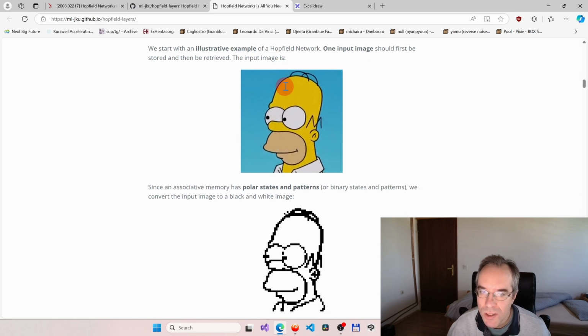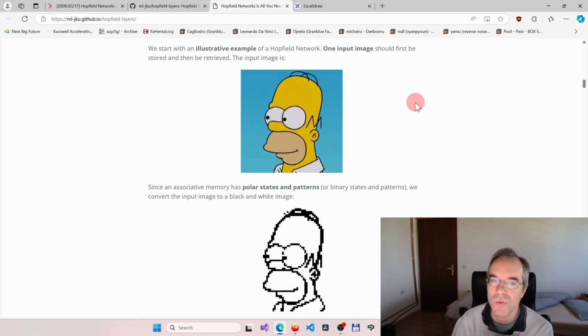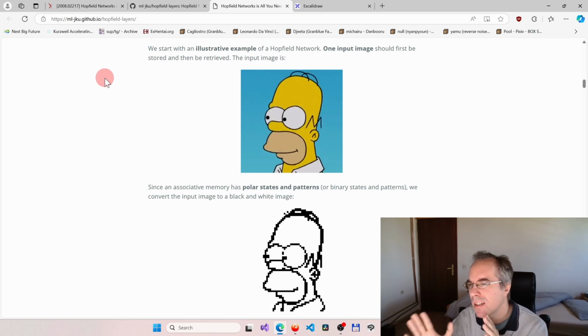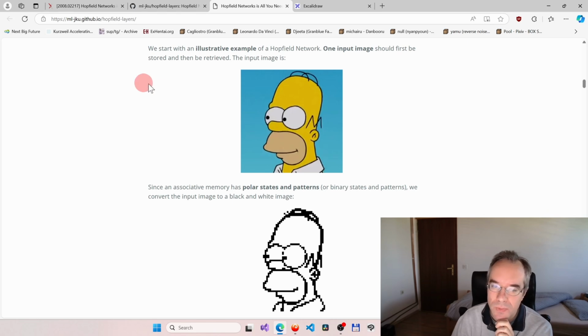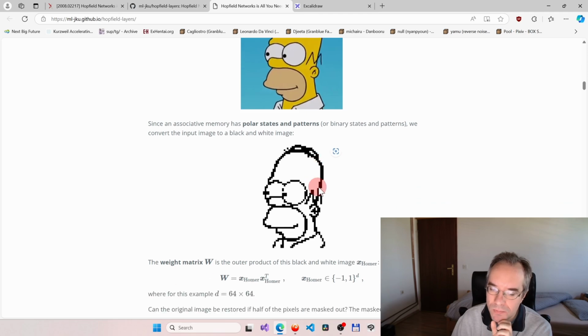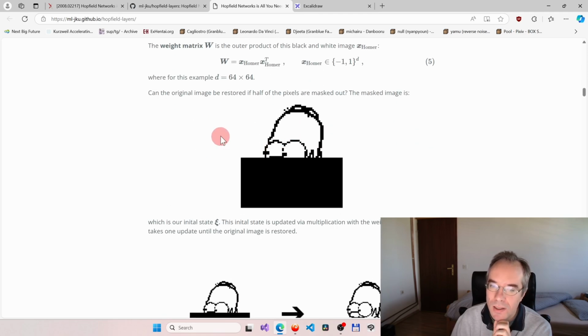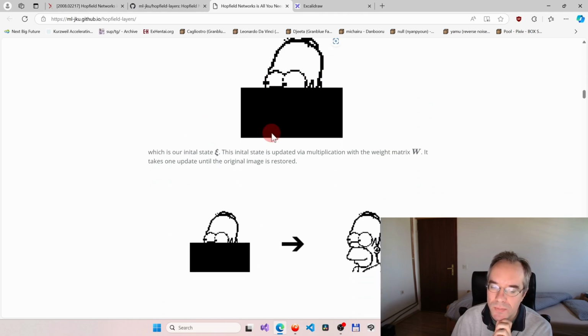to these images. We start with an illustrated example of a Hopfield network. One input image should first be stored and then retrieved. So for these associative memories, they don't really have a value part. They're using it as a set, a probabilistic set. They take this image of Homer, turn it into a grayscale image, or rather a polar image, into ones and zeros, and then they mask out the bottom part.